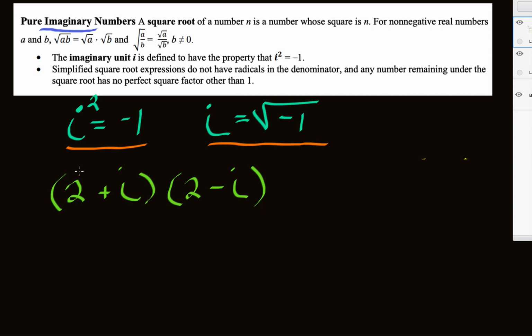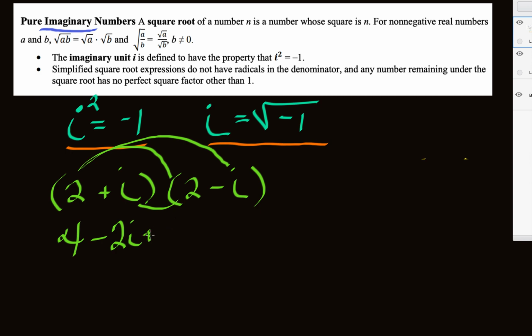FOIL says do the firsts, right? Multiply 2 times 2, which is 4. Then it says multiply the outers. And 2 times negative i is minus 2i. It's just like any other variable. You don't do anything with it. You just multiply it by 2. And then the inners.